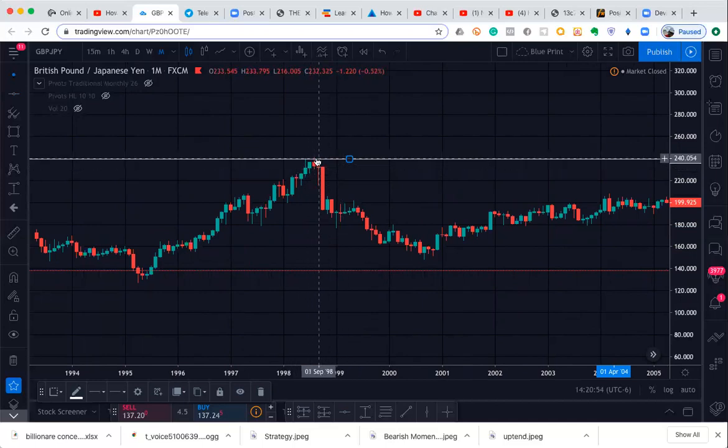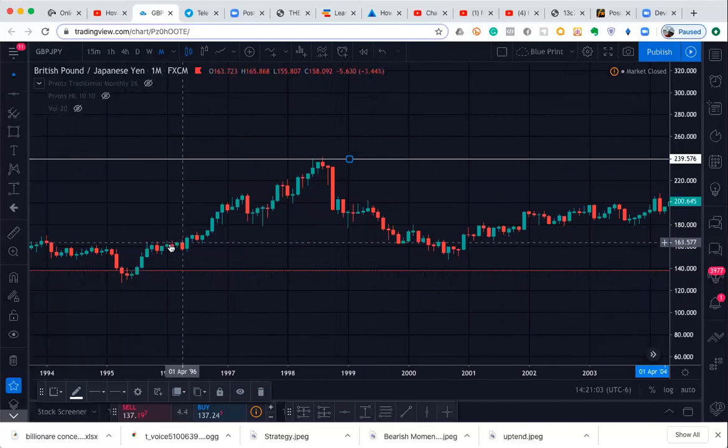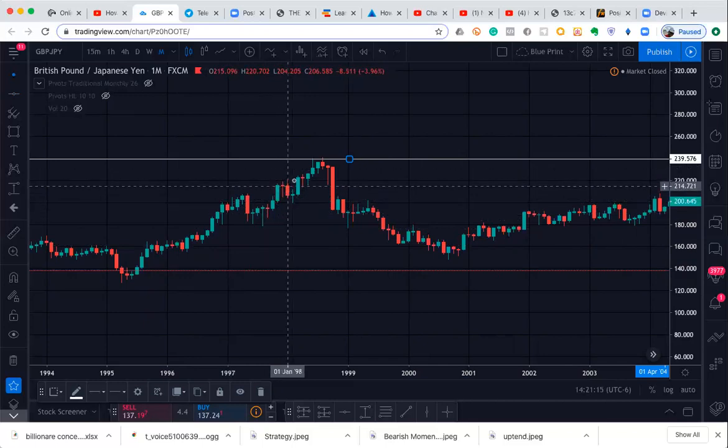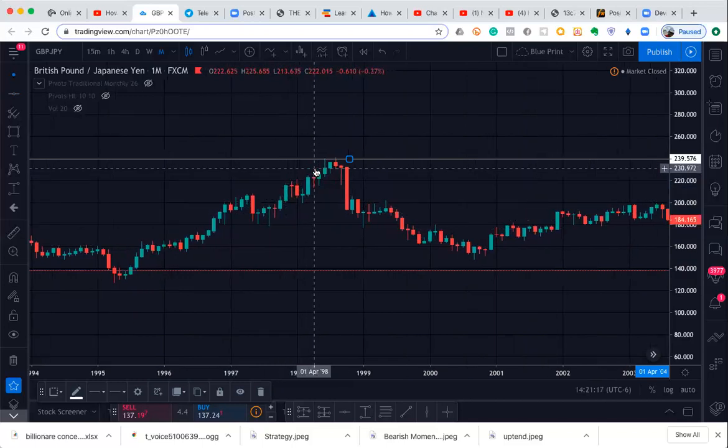So we're putting that in the market, and all of a sudden, boom, price fell. These little ticks right here are guys like us, retailers. But when you see these big old candles like that, that's banks and institutions moving the market in the direction that they want it to go.